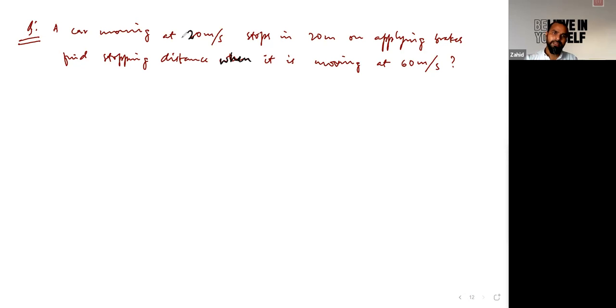No, no. u1 is 20 meters per second and u2 is 60 meters per second. We have S1 as 20 meters and we have to calculate S2. Okay, sir.